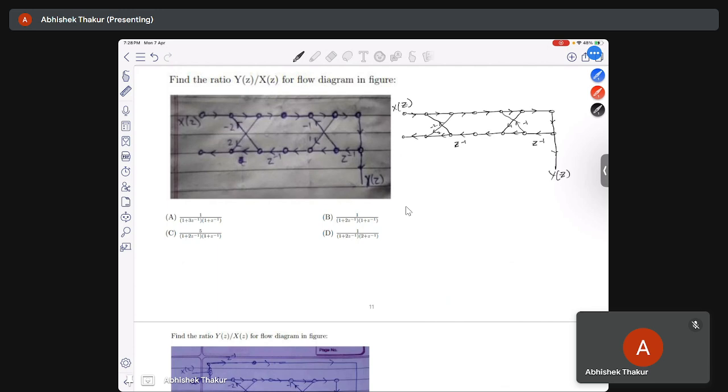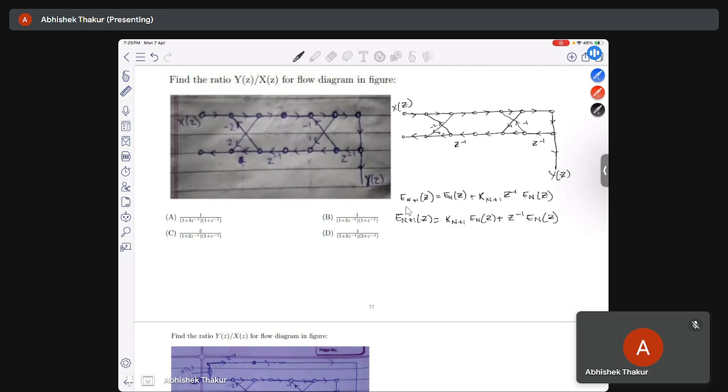So here we can write E(n+1)(z) is equal to E(n)(z) plus K(n+1) z inverse E(n)(z), and so on.